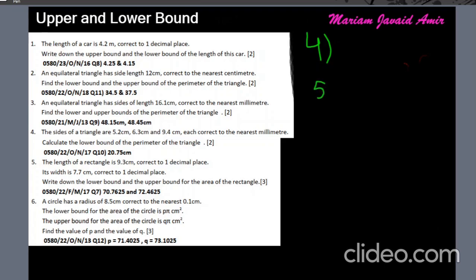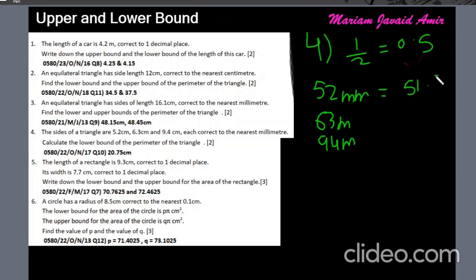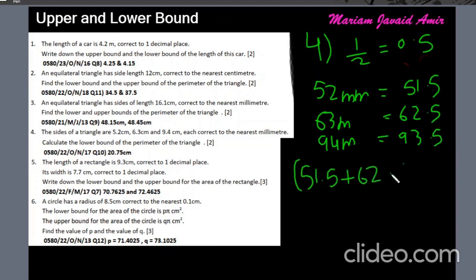Let's change all the lengths into millimeters: 42 millimeters, 63 millimeters and 94 millimeters, and correct to the nearest 1 millimeter. Divide 1 by 2, we get 0.5. So the lower bounds of these would be 41.5, 62.5 and 93.5.